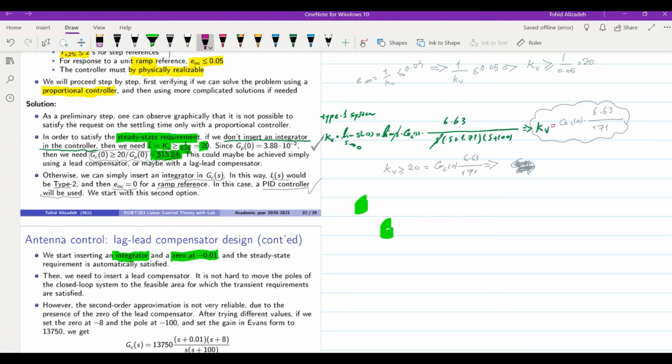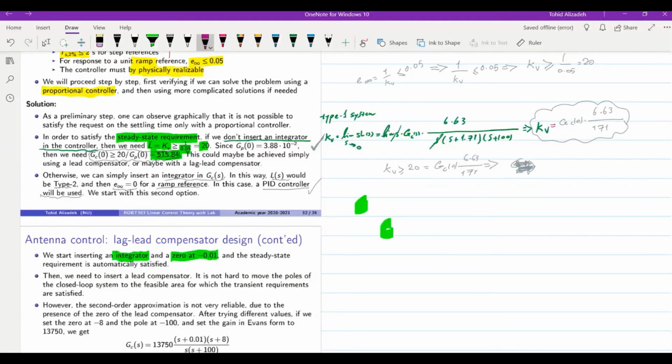So in this way we are expecting our Root-Locus not to be changed a lot indeed. Okay, and then we will be happy with the steady state behavior. So the steady state requirement will be automatically satisfied.